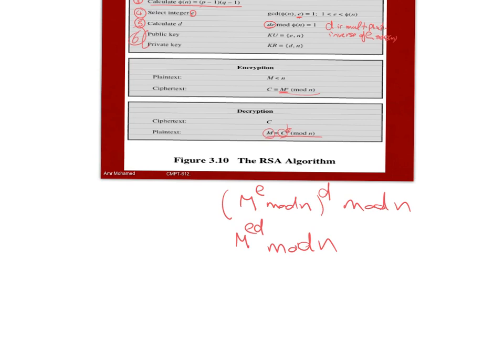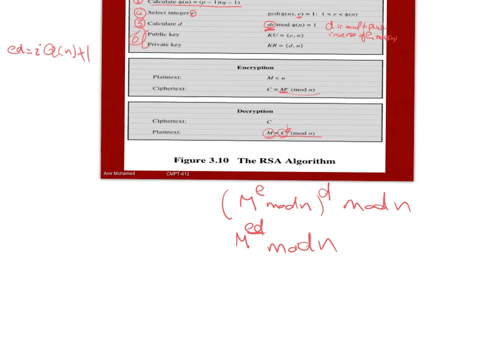What is ED? Remember, ED mod the totient of n equals 1. What does that mean? This means that ED can be represented using some integer number times the totient of n plus 1. Isn't that what we said? Such that 1 is the remainder.